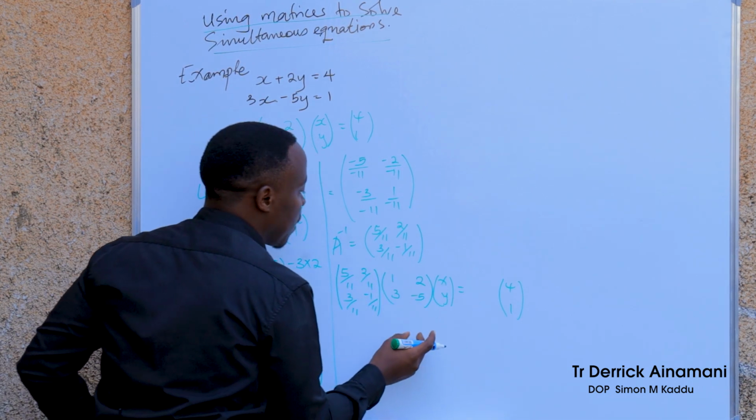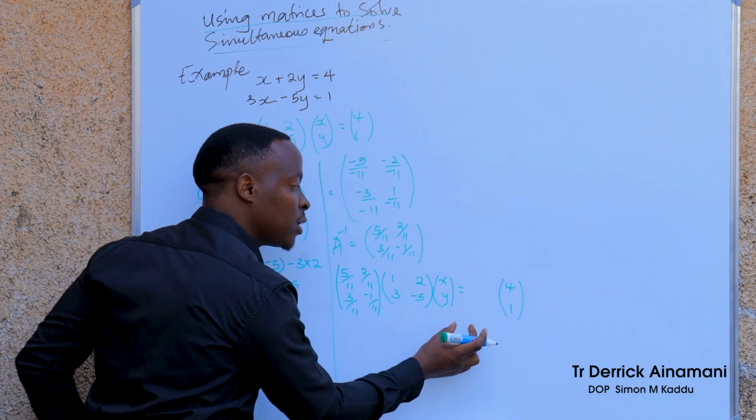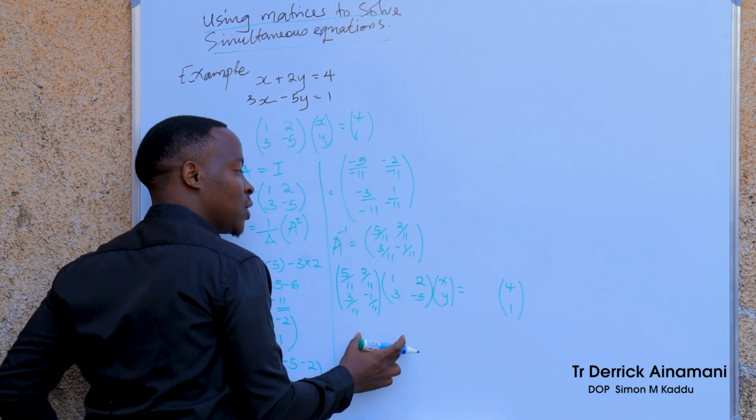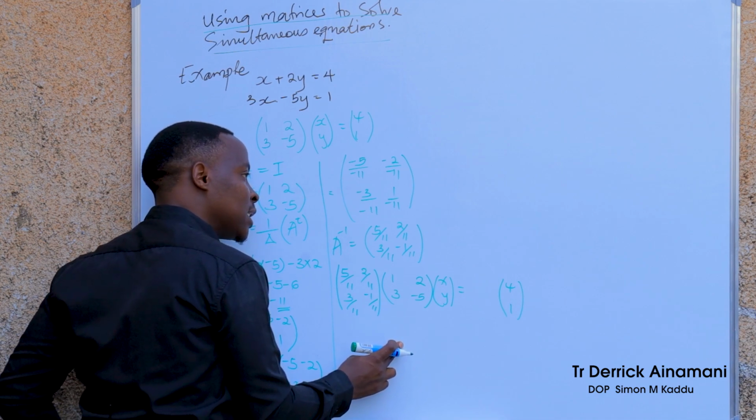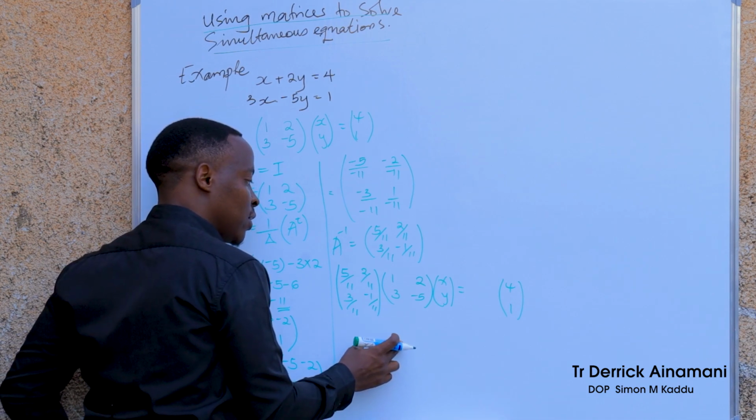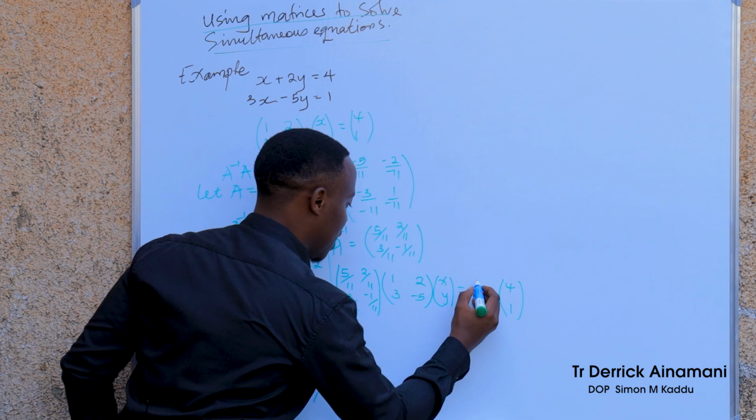Then we also multiply. The reason why I rubbed the area is because I wanted to create space. In matrices, order matters. Once you change the order, you will get wrong results. So here I've multiplied, also here I multiply.